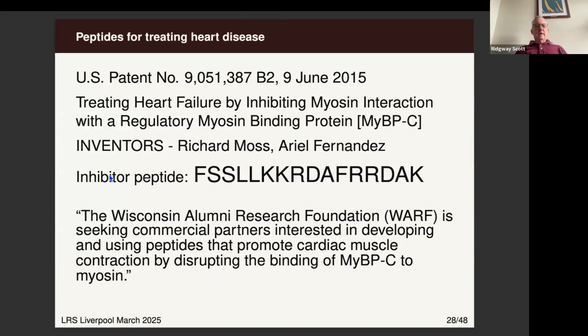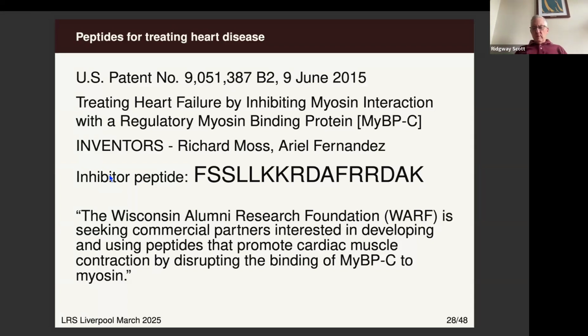Ariel and a colleague in Wisconsin, Richard Moss, were able to come up with a drug design for heart disease just based on sequence alone. Of course, it had to be tested and so forth, but the point is that that was enough information to know where to look in the sequence for possible binding spots.